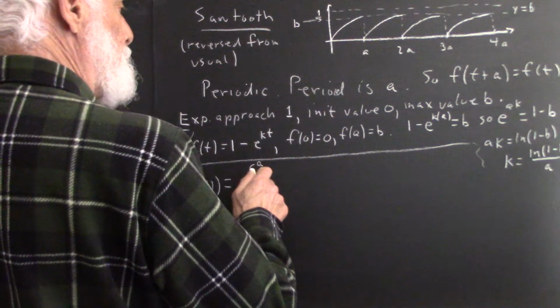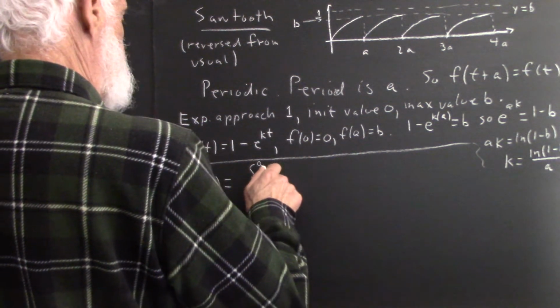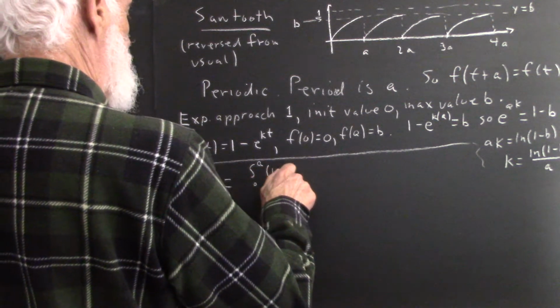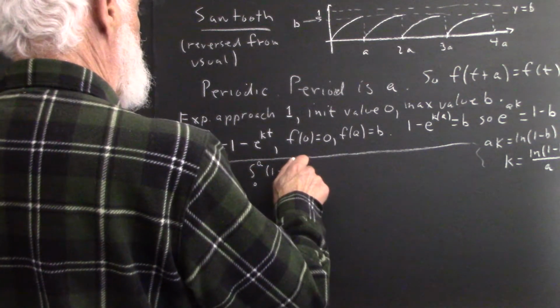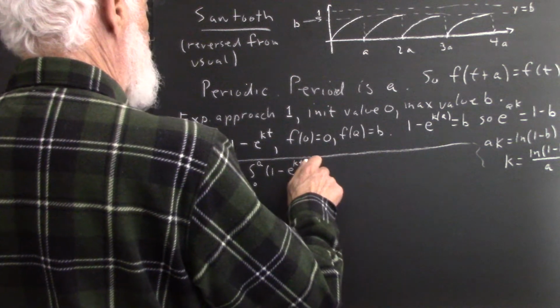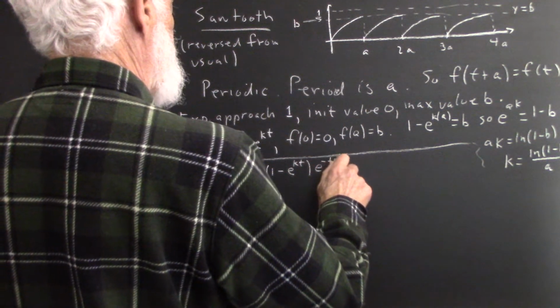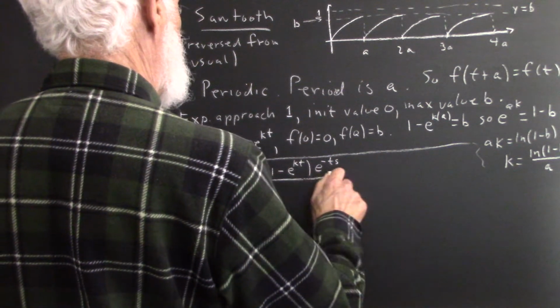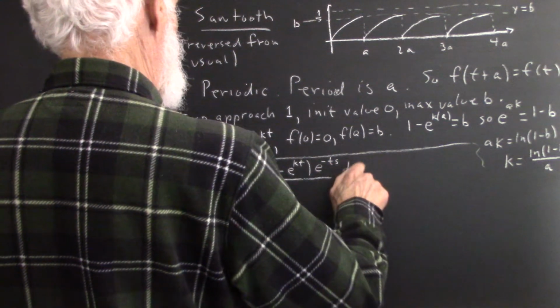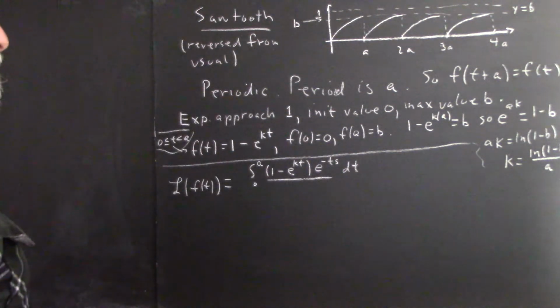Okay, so this would be 1 minus e to the kt, e to the negative ts, dt.